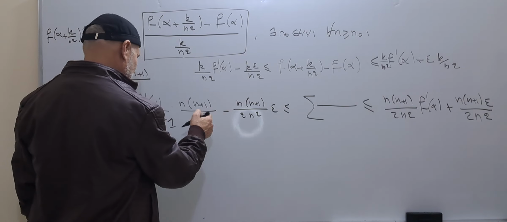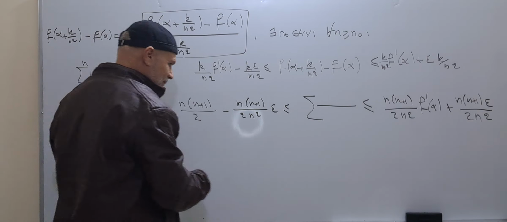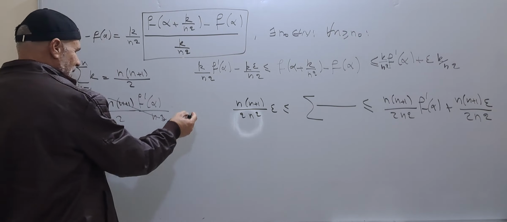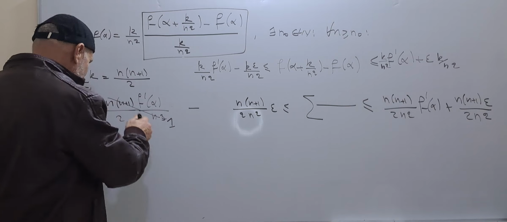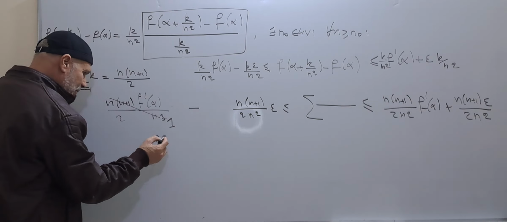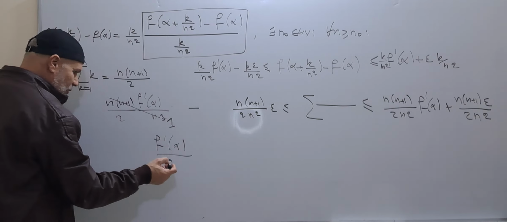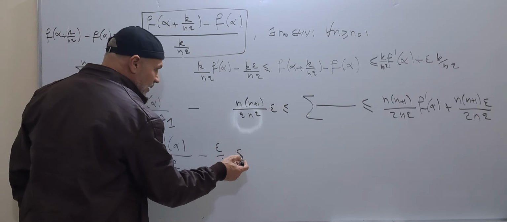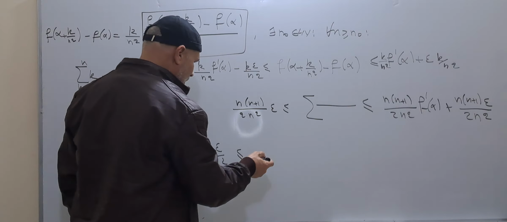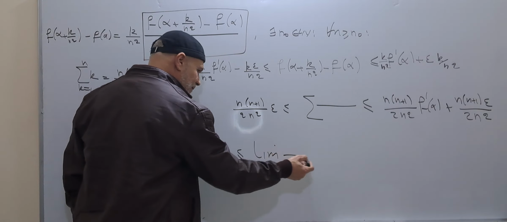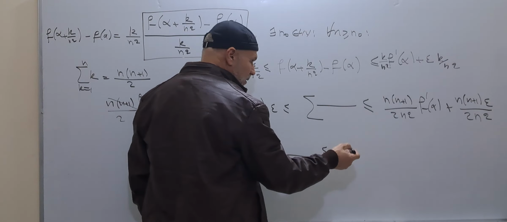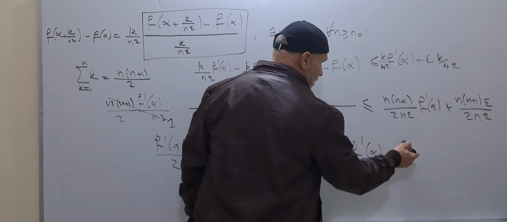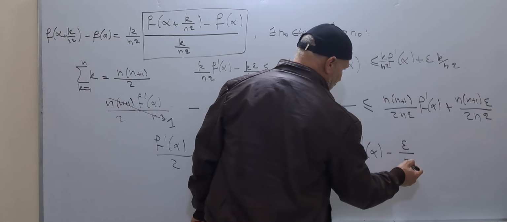Here we have, I forgot it, I repeat it twice. This goes to f prime of alpha over 2 minus epsilon over 2, less than or equal to the limit, our limit, less than or equal to 1 over 2 f prime of alpha plus epsilon over 2.